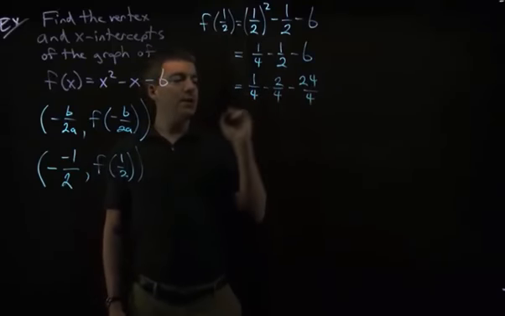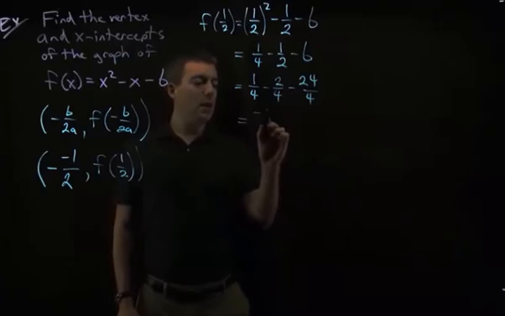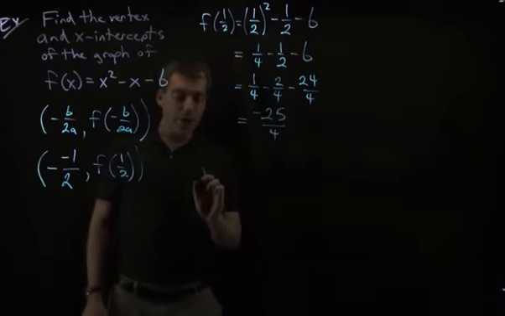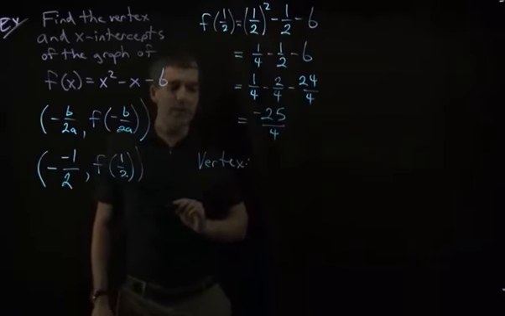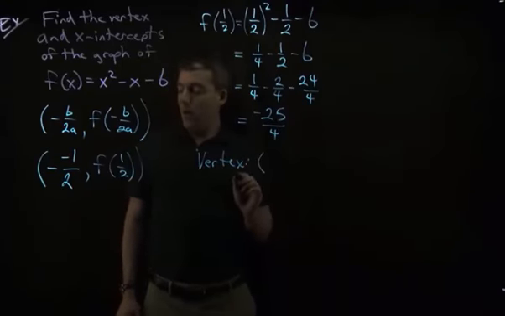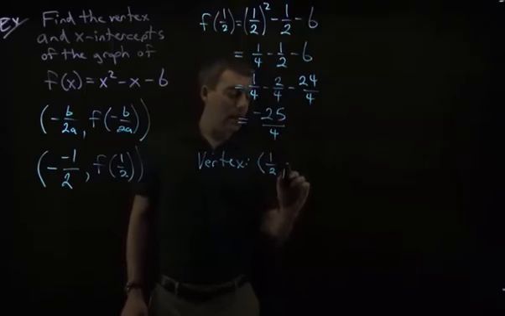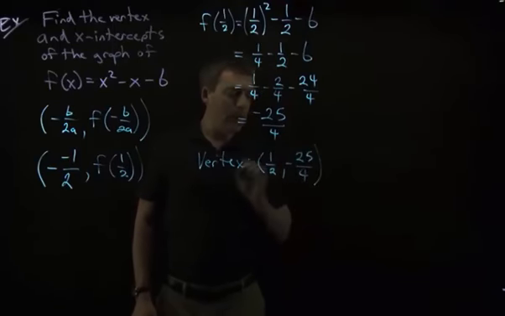So we have 1 minus 2 minus 24, which would be minus 25 fourths. So the vertex for this quadratic function is 1/2, comma negative 25 over 4.